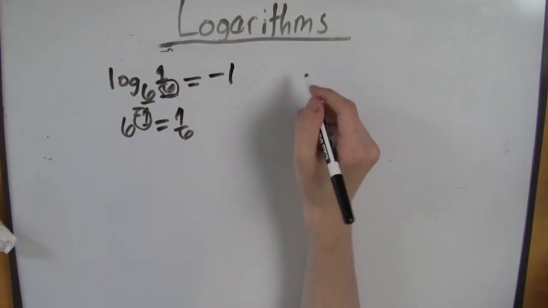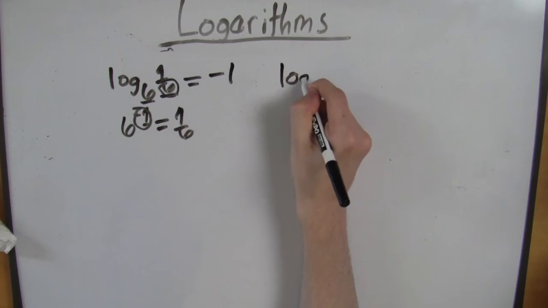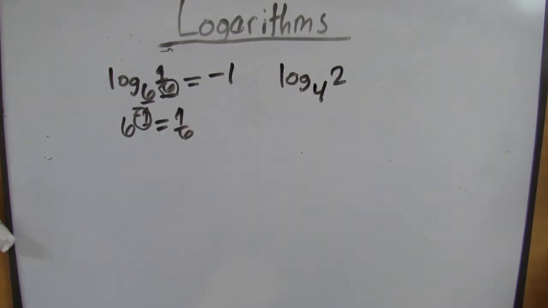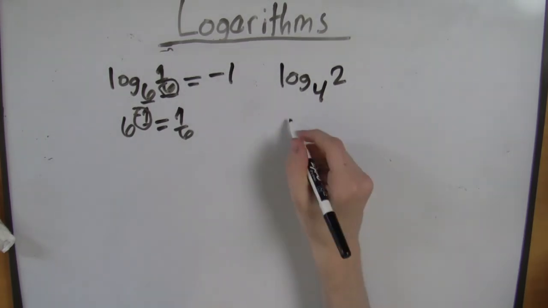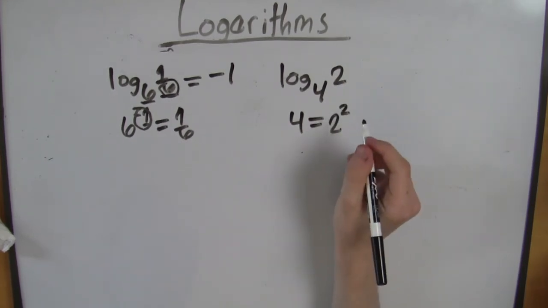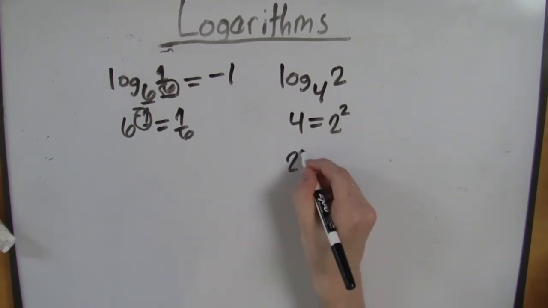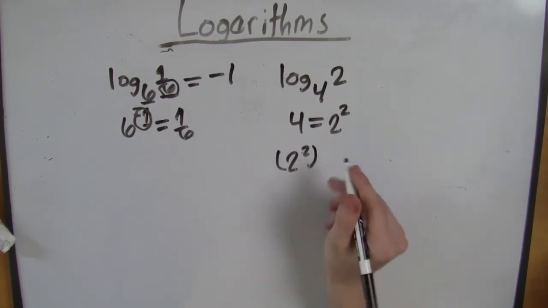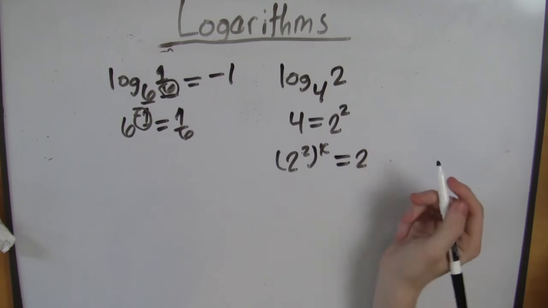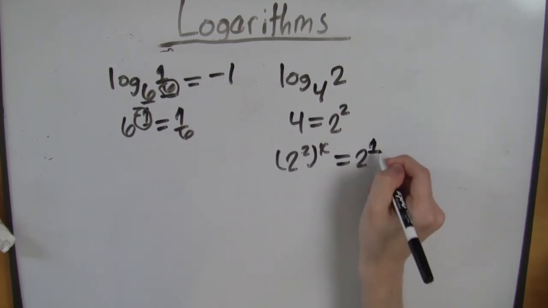Let's do another one. Let's say log base 4 of 2. What power do I have to raise 4 to get 2? Well, 4 is 2 squared, right? 2 squared raised to some power x is equal to 2, which is the same thing as 2 to the 1.